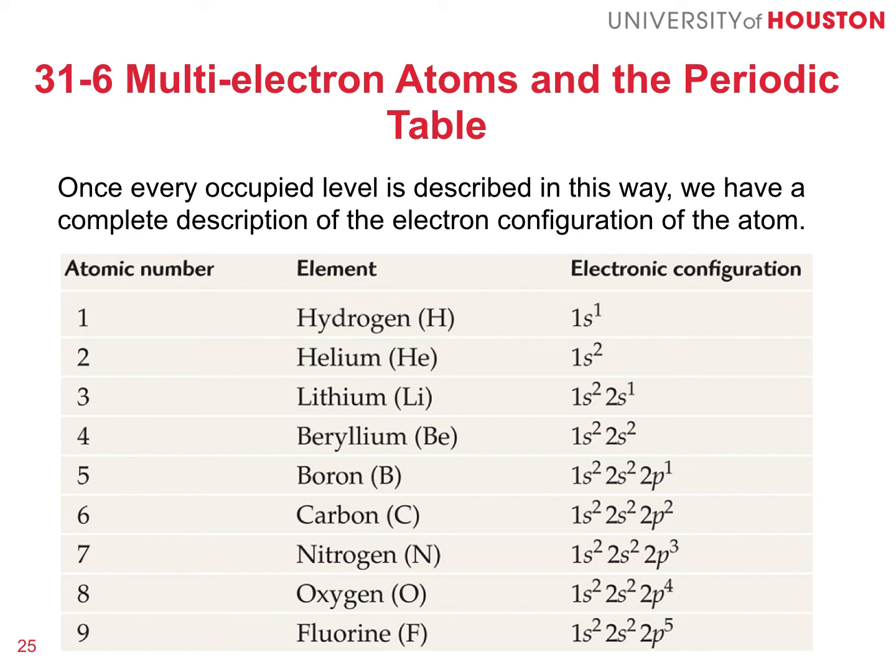For lithium, we have 2 electrons that occupy the 1s2 subshell, and the extra electron then has n equal to 2 and an L of 0, and that configuration contains this extra electron. We can increase the atomic number and go on and on.